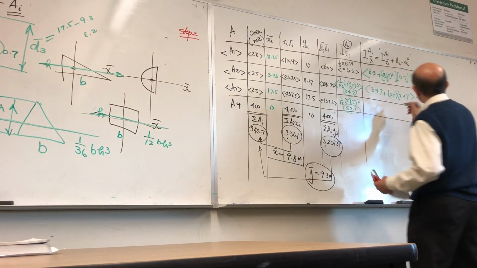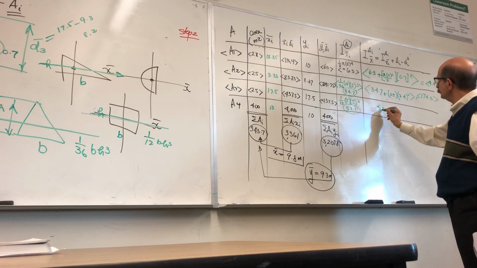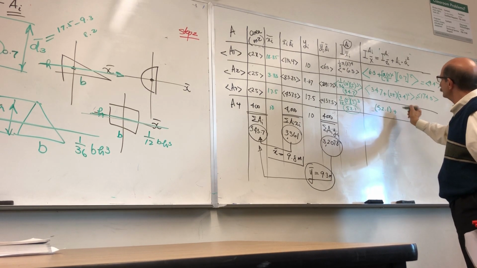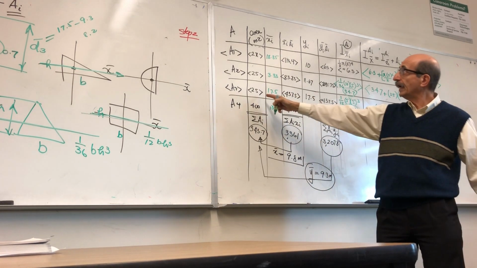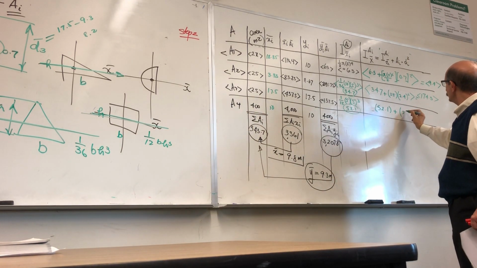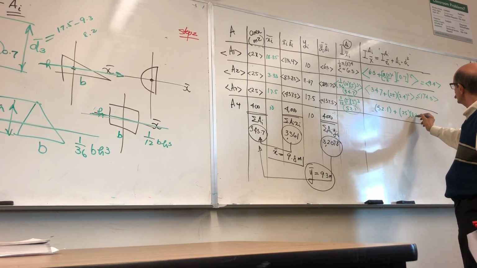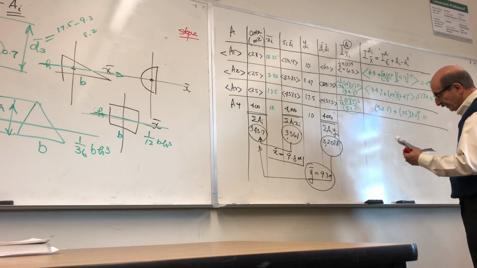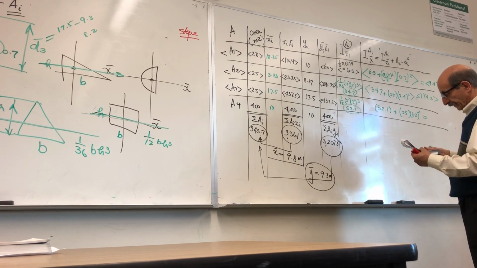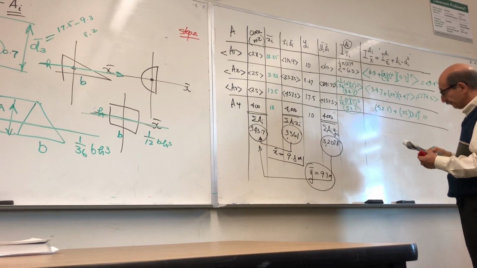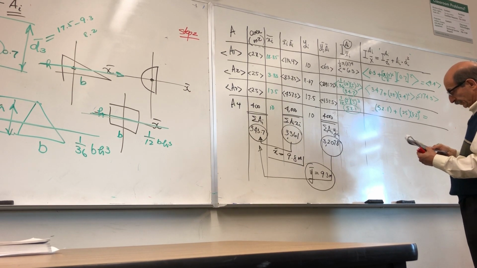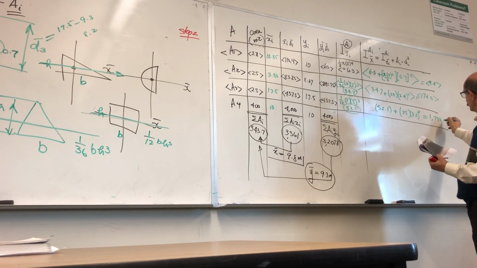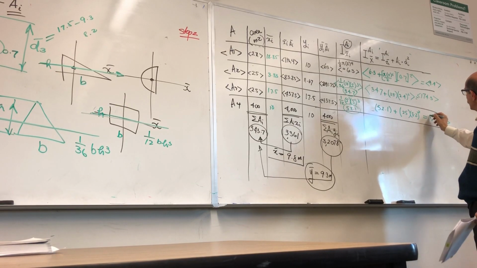So you just simply write down 52.1 plus the area that you have, 25, times 8.2 squared. So that will give you 1,733.1, and that is negative.